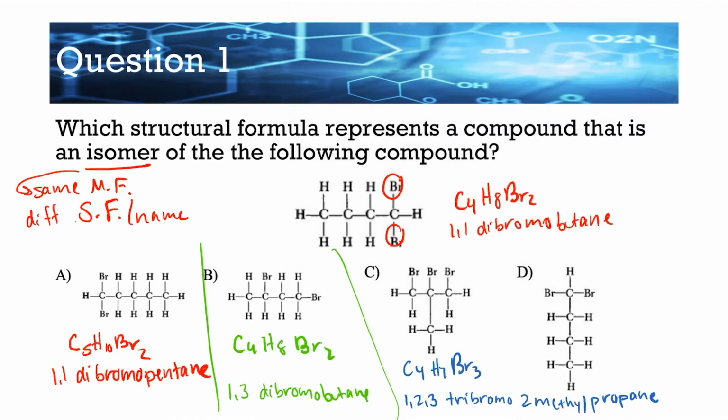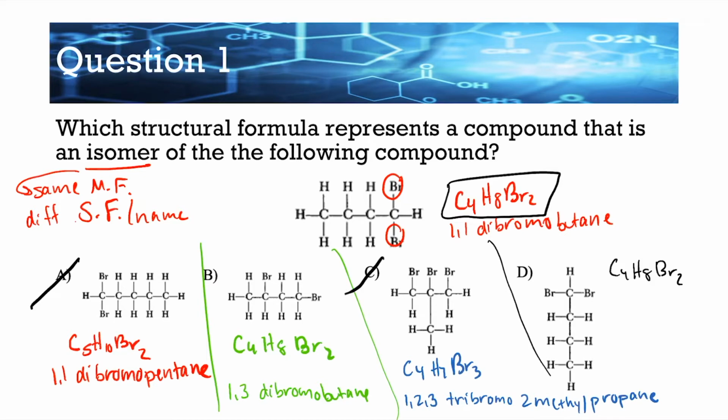And lastly, the formula is C4H8Br2. So if we could just go back a second. We know the formula needs to be this, but it needs to be a little bit different. So we know A and C can't be the answers. So now we're stuck between B and D, and that's when you have to look at the names.